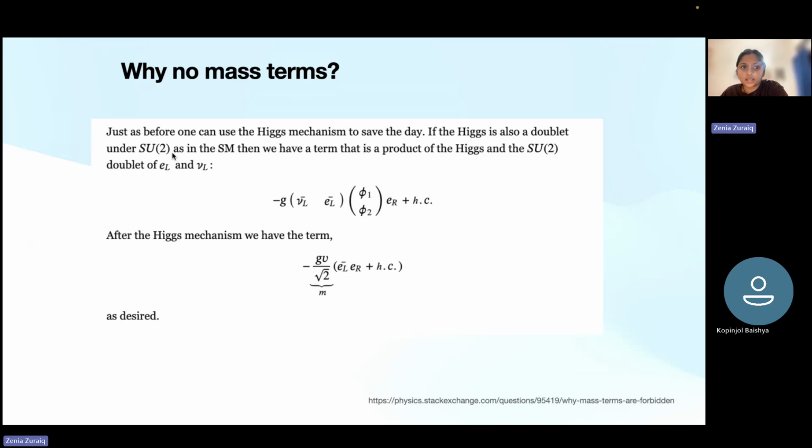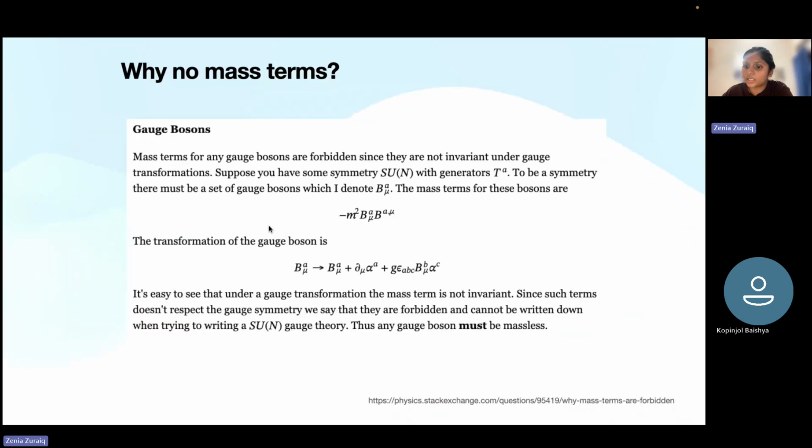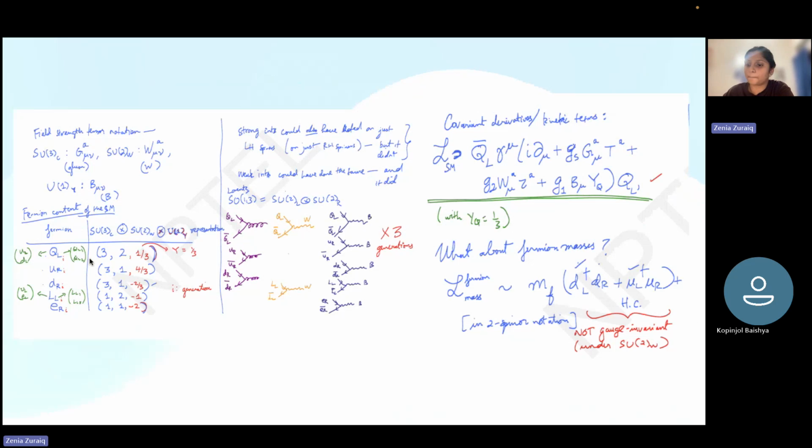If the Higgs is a doublet, then we can also have a product of left and right-handed fields, and this gets interpreted as a mass term. So basically, the point is that we have an extra field, apart from these quark fermion fields and the gauge bosons, which are the force mediators.